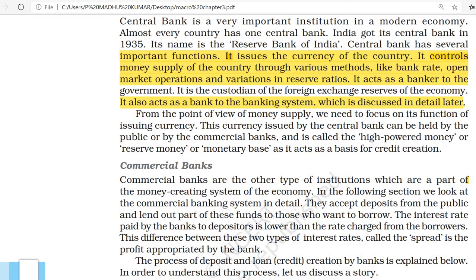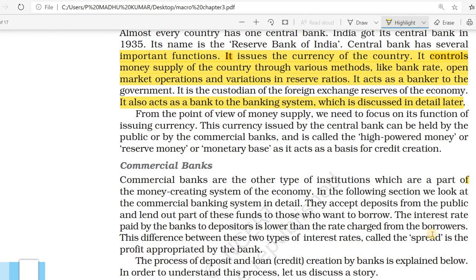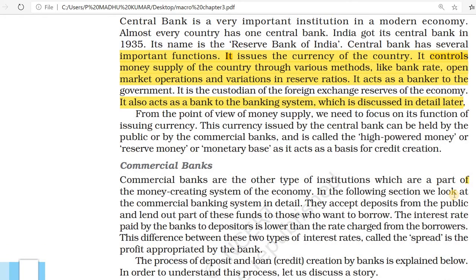The difference between the two interest rates is called the spread, which is the profit appropriated by the bank. The banks which perform all kinds of banking business in finance, trade and commerce are called commercial banks.